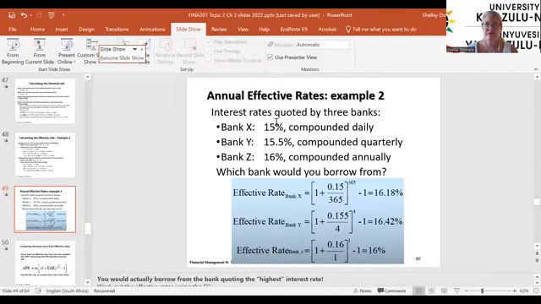So on the face of it, these 3 nominal quoted rates, annual percentage rates, it looks like Bank Z is offering you the best percent, but they're not all compounded with the same frequency. So as I said, you can't compare them on the basis of their nominal rates. You have to work out each of their effective rates and then compare them on that basis. So I'm going to call up our financial calculator again.